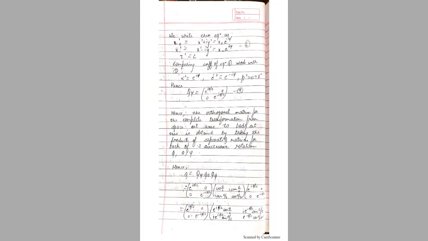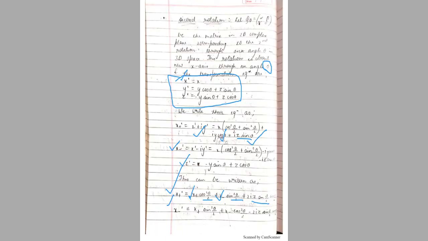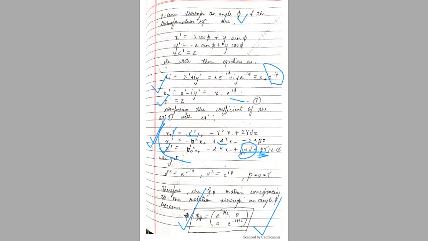Okay, with the similar pattern that I have done in the previous two rotations, I will get the values of x plus dash, x minus dash, and z dash. Again, you will compare to the same equation number 8 of the previous example that I have written over here. See this one.